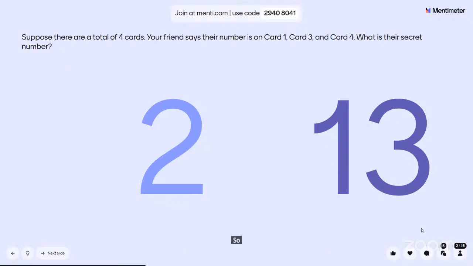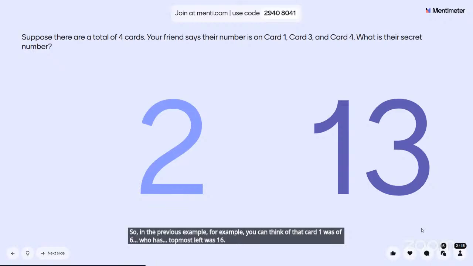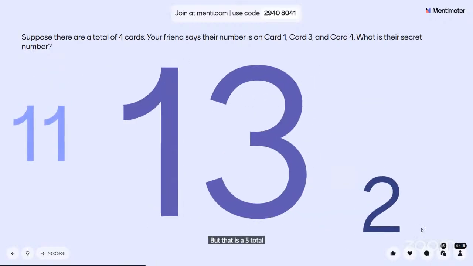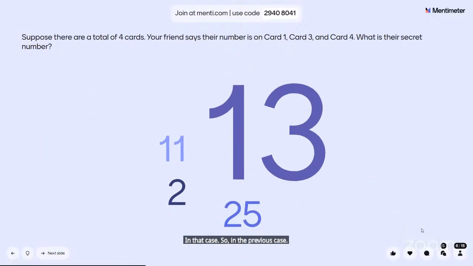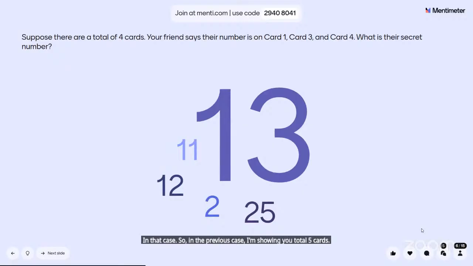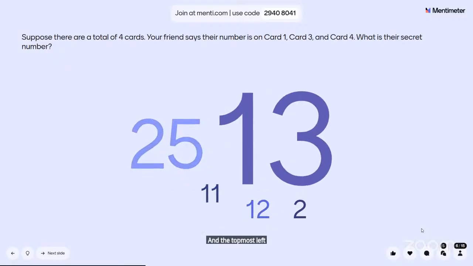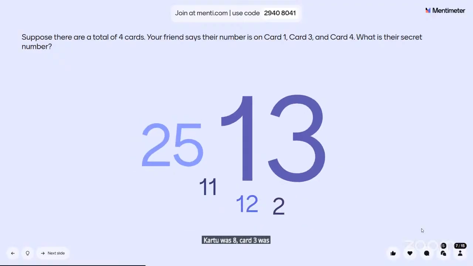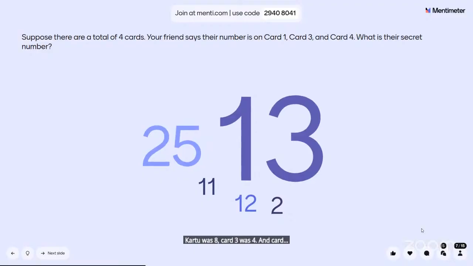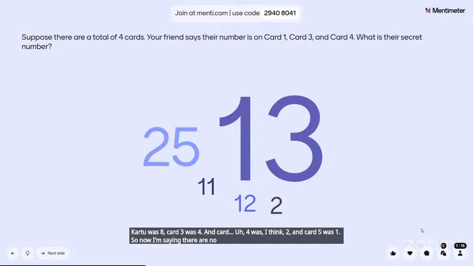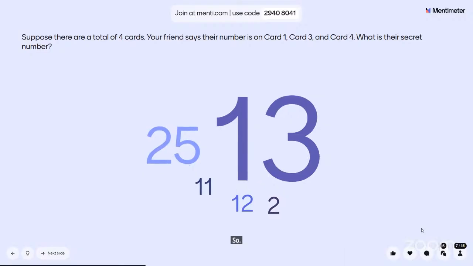So in the previous example, there were a total of 5 cards, and the topmost left number of card 1 was 16, card 2 was 8, card 3 was 4, card 4 was 2, and card 5 was 1. Now I'm saying there are not 5 cards, there are a total of 4 cards. So first see what the range of the cards will be.